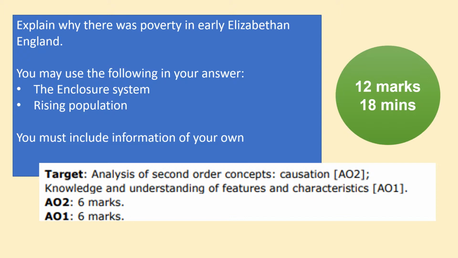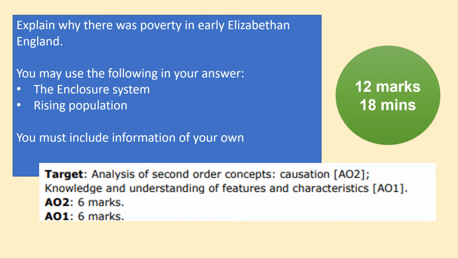So the targets, much like a previous tutorial, we can see the analysis of second order concepts, i.e. causation. So within this question will always be what caused it. If you think back with paper 2, Cold War is lots of consequences. So here we've got a causation question. For Elizabeth, there will always be something about what caused it.